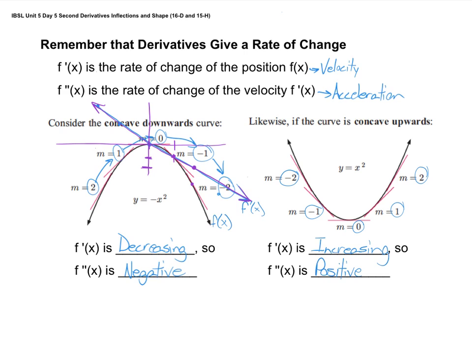Don't confuse that with what the function itself is doing. I know that my function is increasing here and decreasing here. That's not what we're talking about. We're talking about what the derivative, which is our slope, is doing. It's changing from 2 to 1 to 0 to -1 to -2.